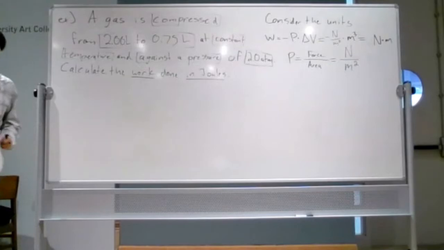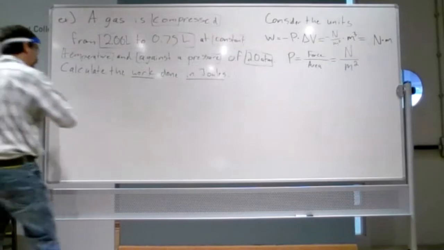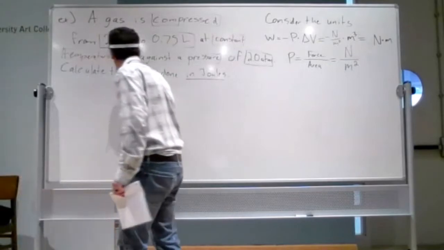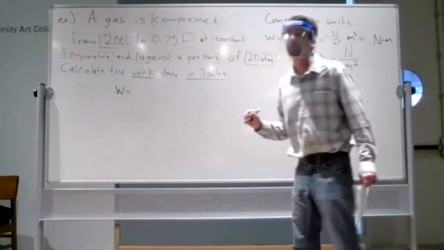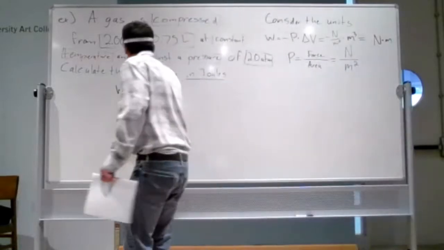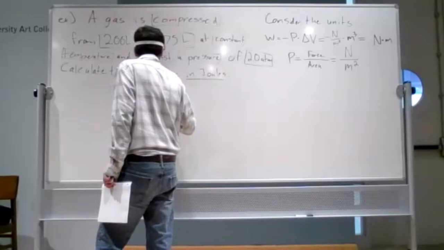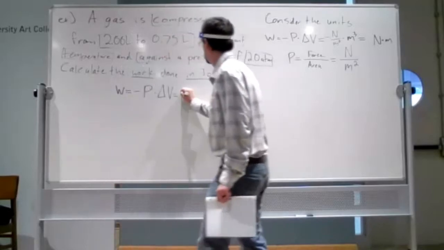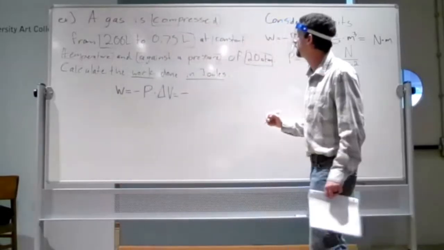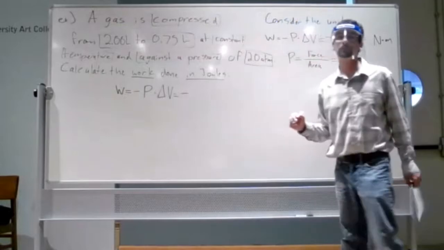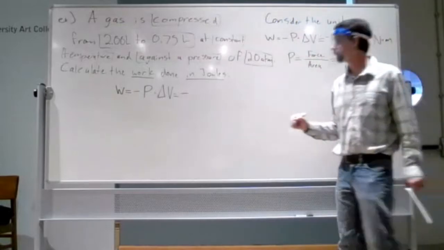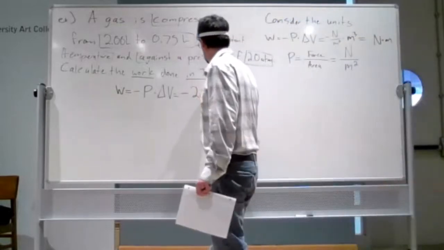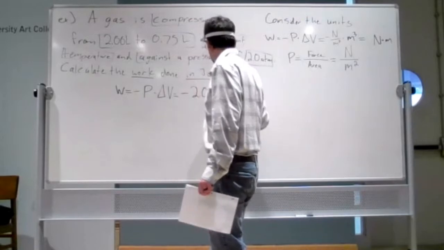The only equation we have in this course for work is equal to what? Yep, negative pressure times delta V. Okay, what's our pressure? Yep, 2.0 atm.